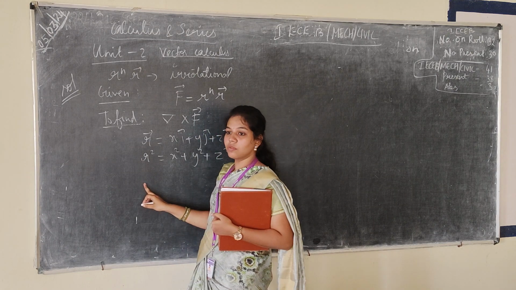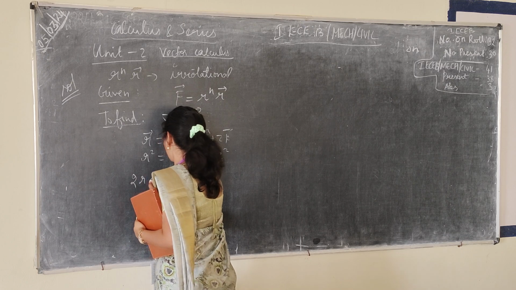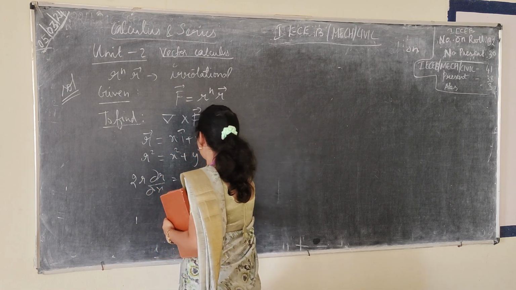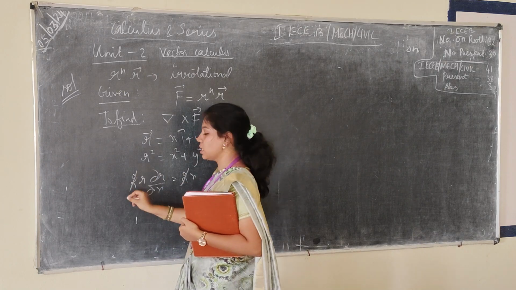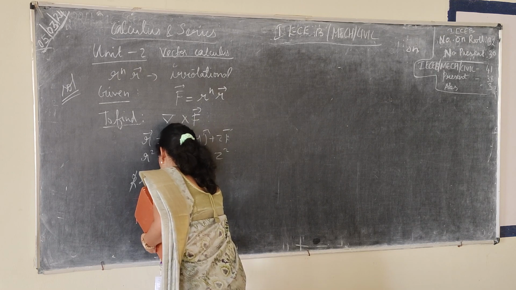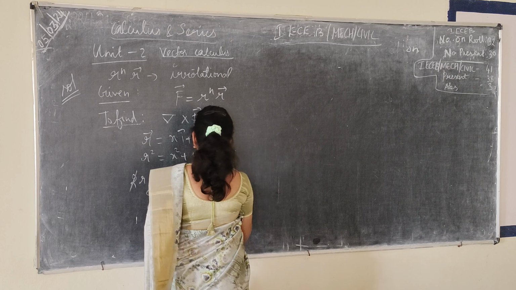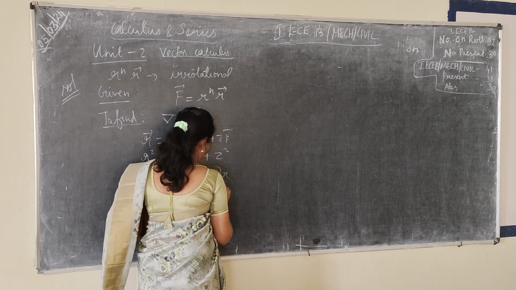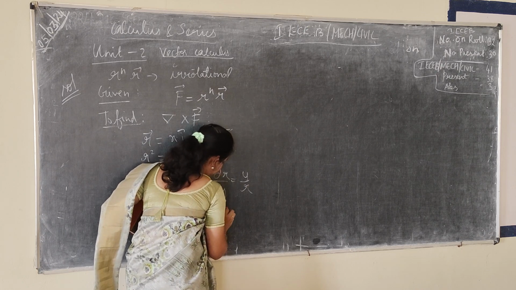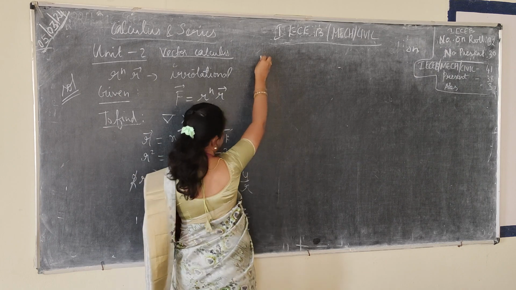Differentiating this with respect to x, 2r dou r by dou x is equal to 2x. Cancelling 2 on both sides, dou r by dou x is x by r. Similarly, dou r by dou y is y by r, and dou r by dou z is z by r.